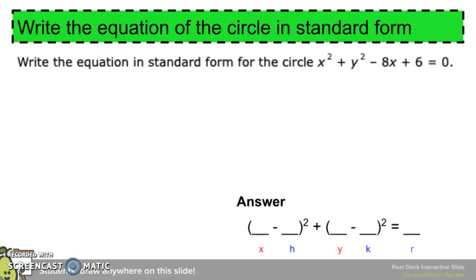So let's start by just rearranging our circle. So the first thing I'm going to do is rearrange it. And here I have x squared minus 8x plus something. Something is going to go right here because remember we need to make a perfect square. Then we're going to say plus y squared.